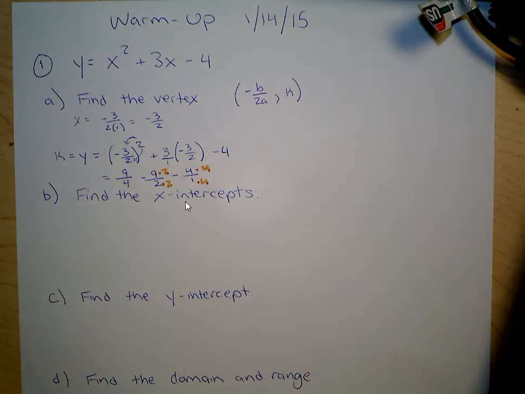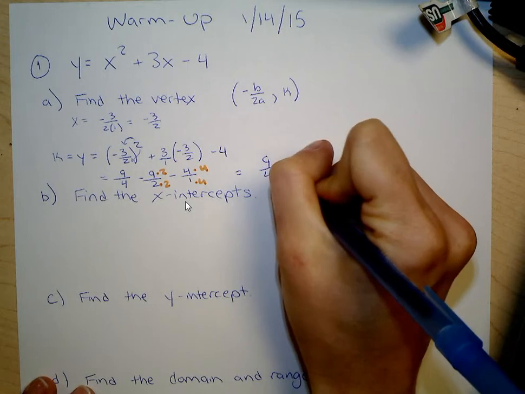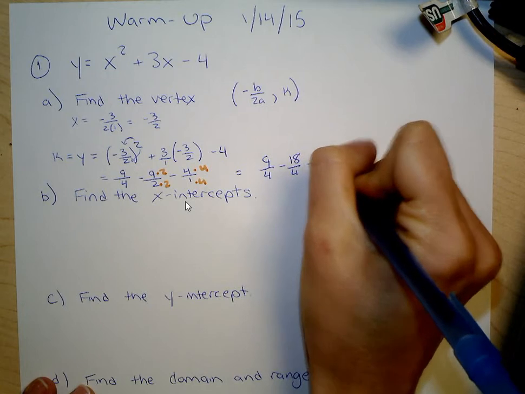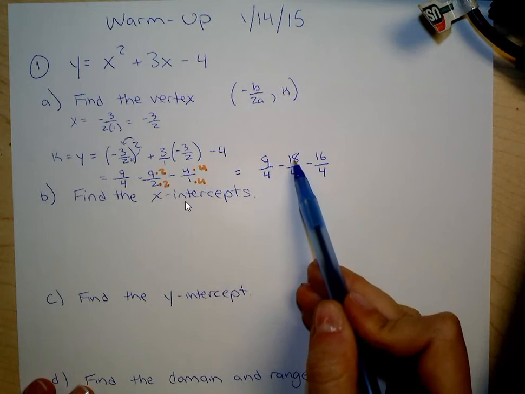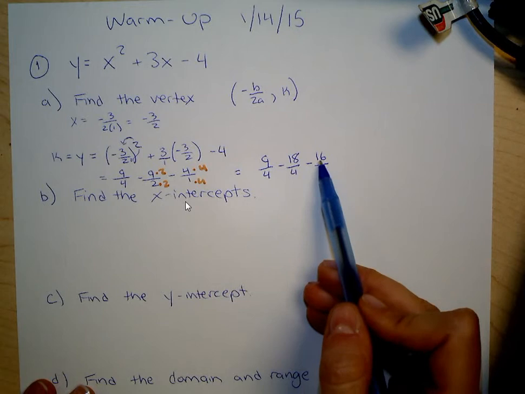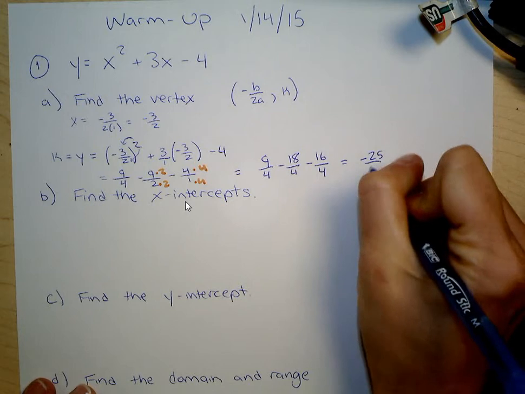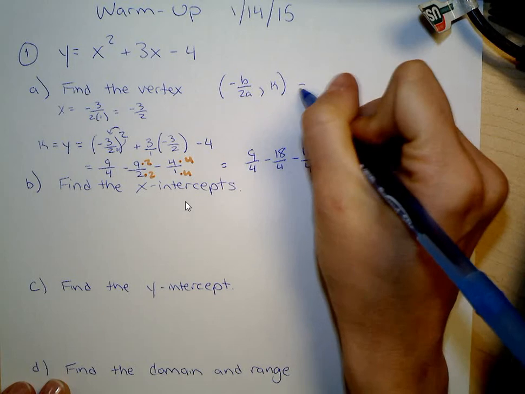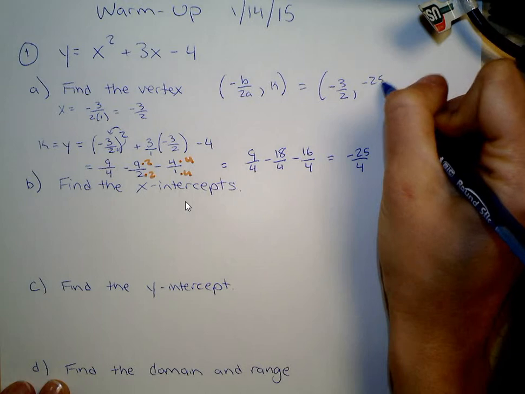So now I'm going to have 9 over 4 minus 18 over 4 minus 16 over 4. So I'm going to subtract: 9 minus 18 is negative 9. Negative 9 minus 16 is negative 25 over 4. So my vertex is equal to negative 3 over 2, comma, negative 25 over 4.